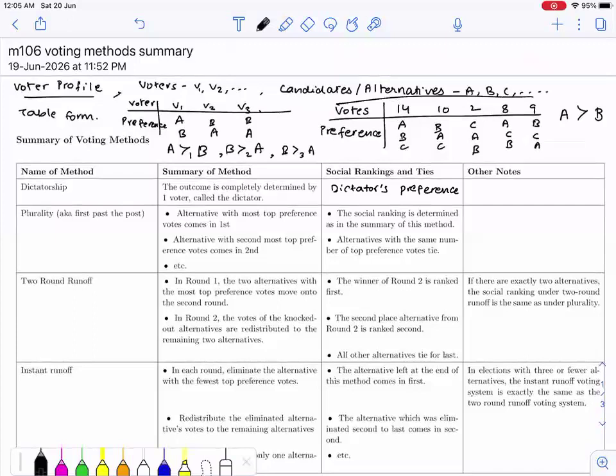So for this example here, the second table, if you compare A, B, and C under plurality, you only look at the top row. So you only look at the top preference. A has 14 plus 8 top votes.